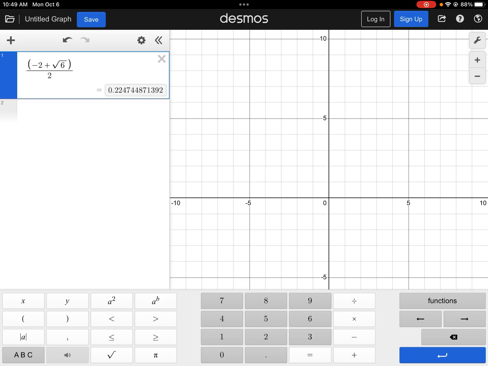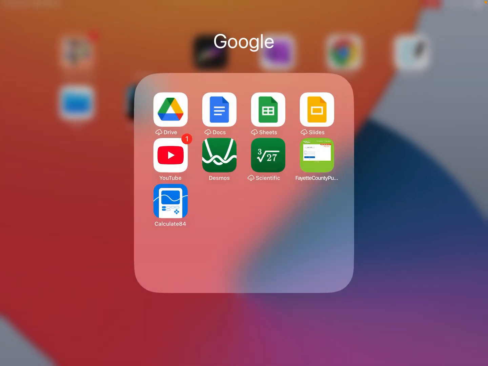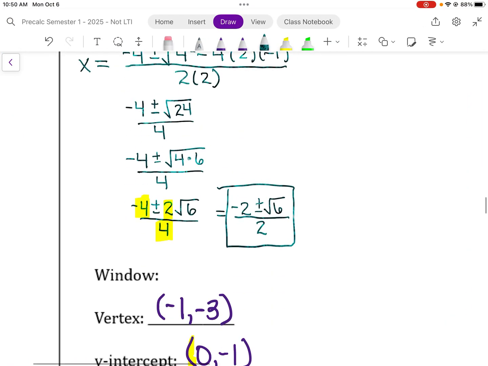And I see that that is 0.225. Okay. I can also do that same thing except minus. So negative 2 minus square root of 6 divided by 2. And negative 2.22. Those are the decimals. I'm like, oh, okay, I can plot those on a graph.